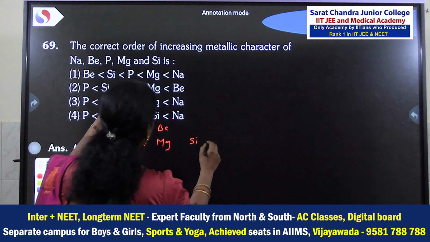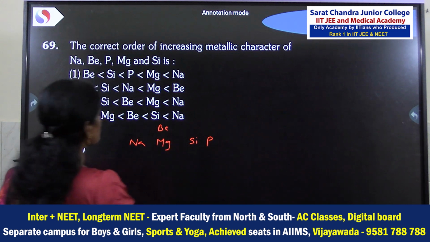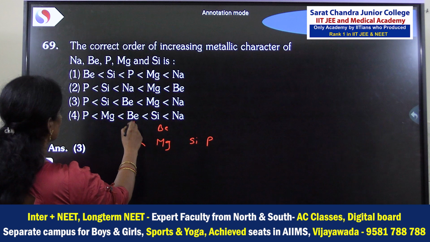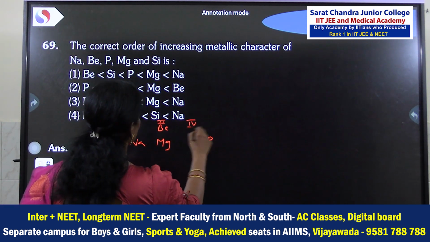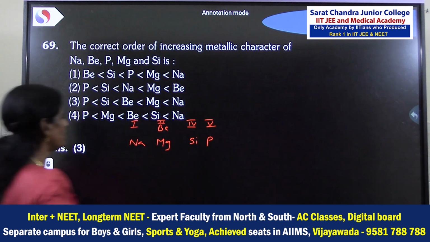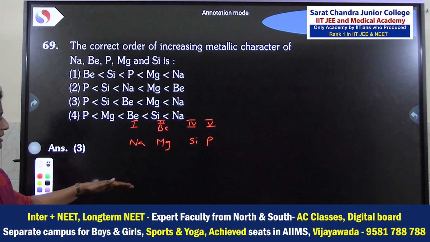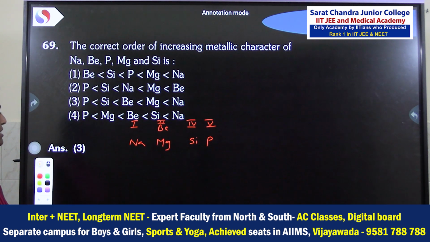Next, after silicon, phosphorus, in the fifth group. So this is the position in the periodic table of these elements. So from top to bottom metallic nature increases and from left to right metallic nature decreases.